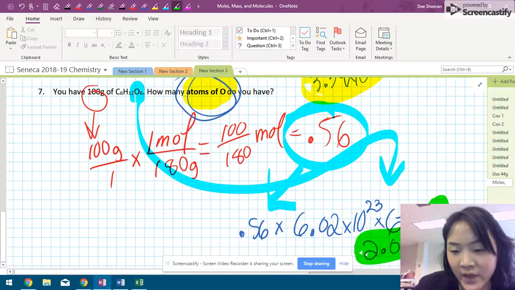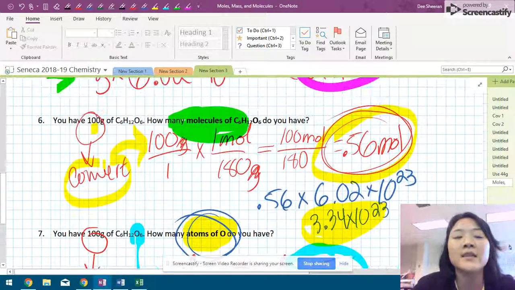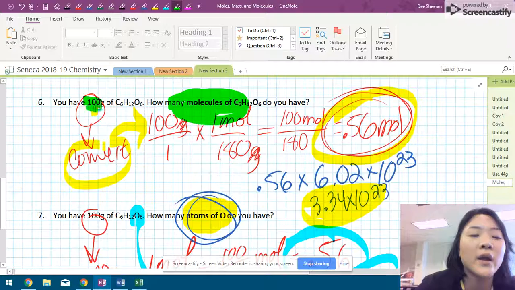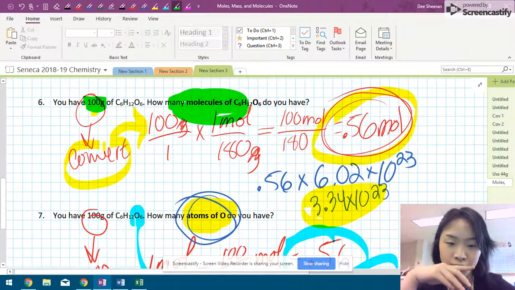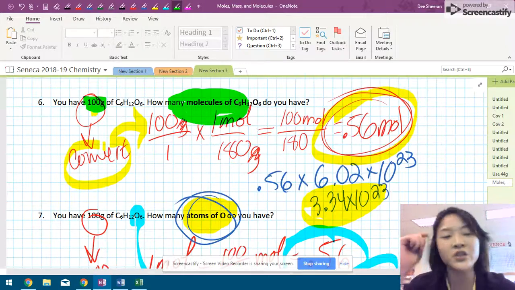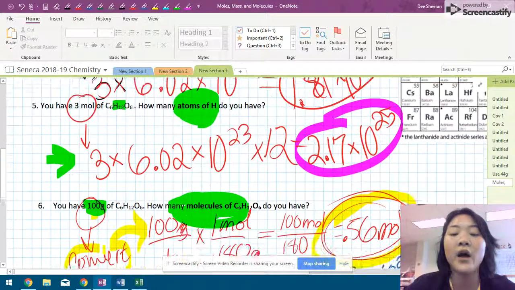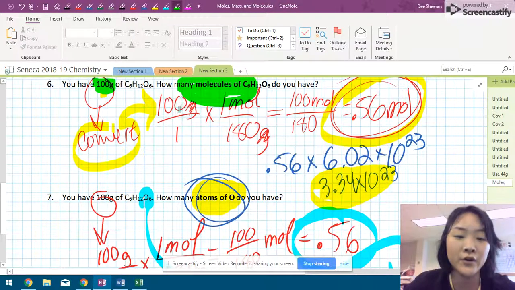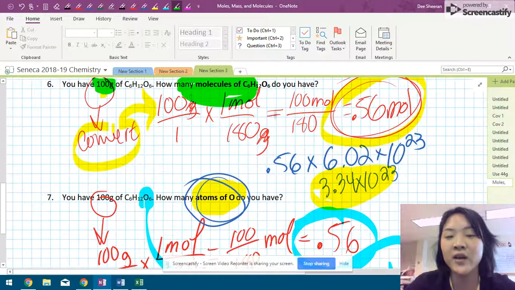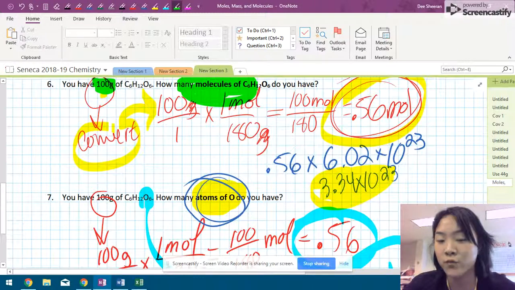So to recap everything, in this case, because we are given grams and not moles, we must convert from grams to moles. After doing this, we proceed just like we did with number 4 and 5. And that's all. So I took my 100 grams and converted it to moles. That equals about 0.56 moles, about half a mole of product.